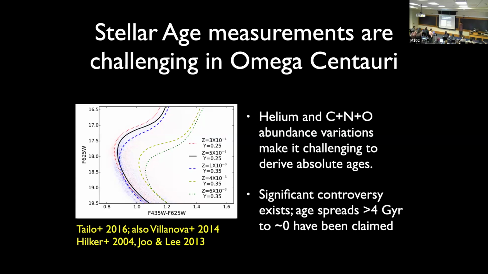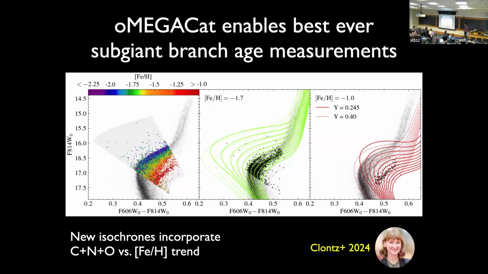And that makes it very hard to derive absolute ages. There's been significant controversy about what the range of ages is. People have said anything from no spread in ages to greater than 4 gigayears as a range of ages.